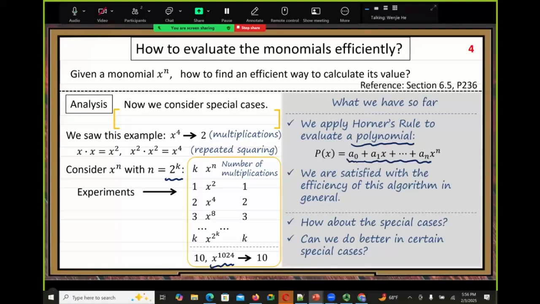Let me ask you this question: we apply Horner's rule on this polynomial. How many multiplications do you need?